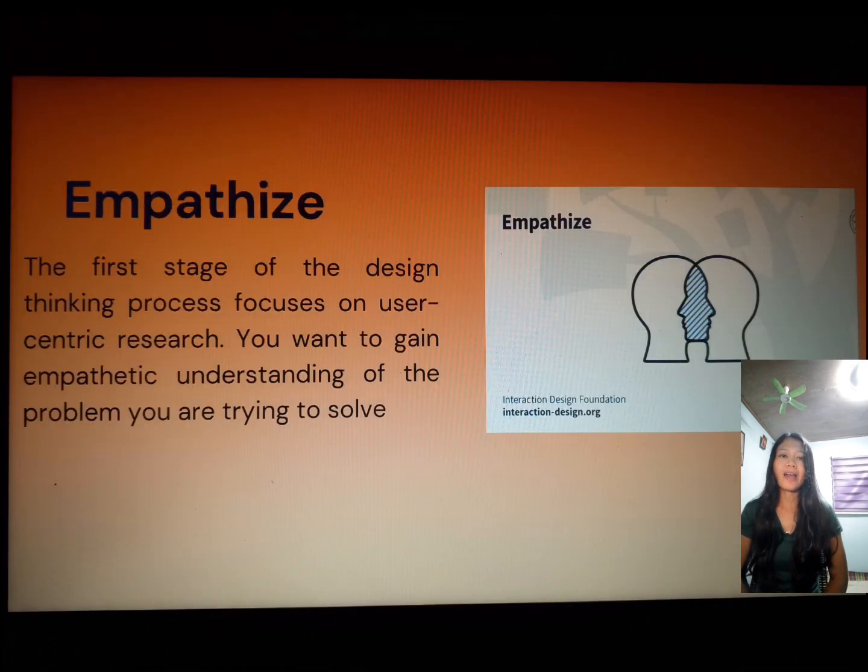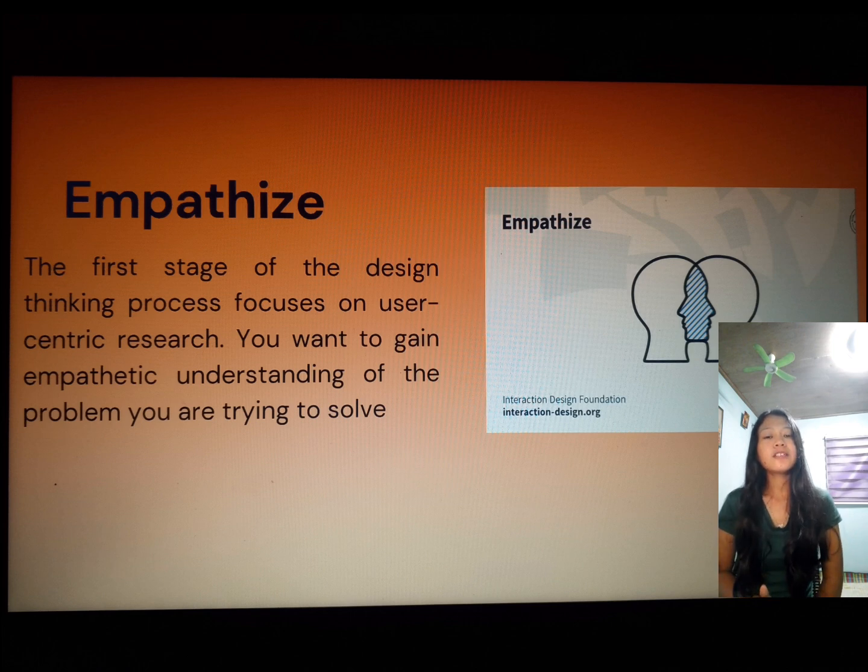So first, empathize. When we say empathize, this is the first stage of the design thinking process that focuses on user-centric research, and you want to gain an empathetic understanding of the problem you are trying to solve. In this stage, the entrepreneur gathers information through interviews and such in order to find the customer's needs.